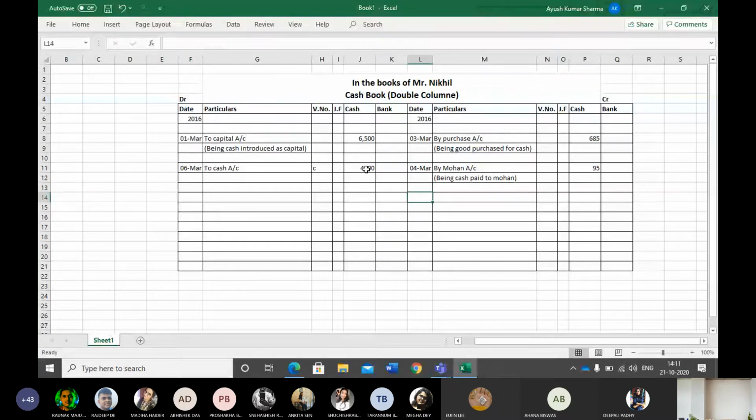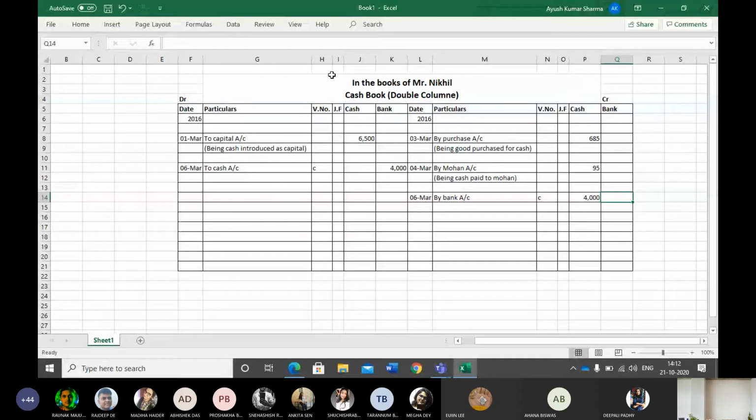We'll come to the credit side. We'll write 6th March by bank. Again we'll write C. Sorry, here I have to make a change. This will be in the bank column, since the bank was debited. The credit will be in the cash column.